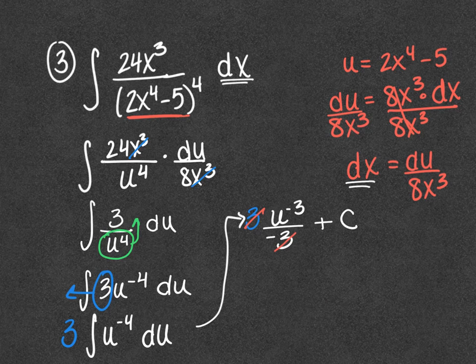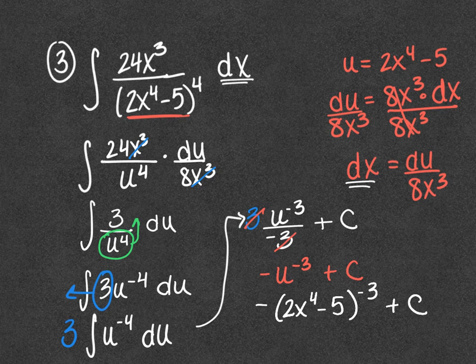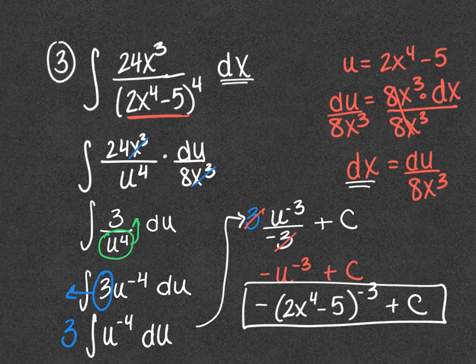So it's technically u to the negative 3 over negative 1. But when I divide by negative 1, that's really the same thing as putting the negative in front. So I can make it negative u to the negative 3 plus c. And then last but not least, put u back in. And this is my final answer.